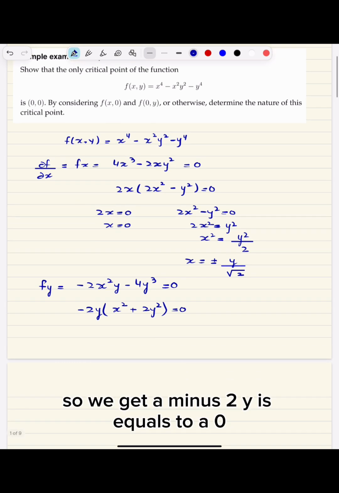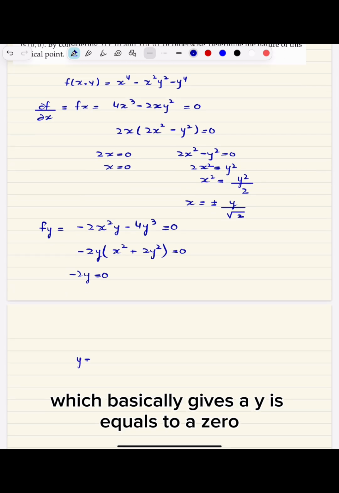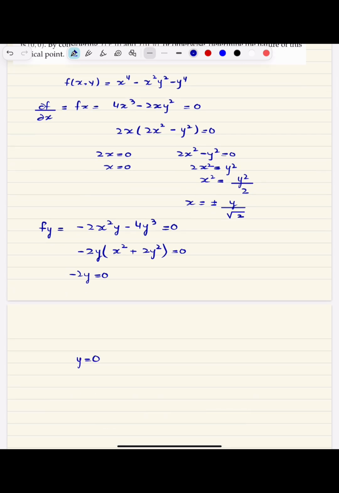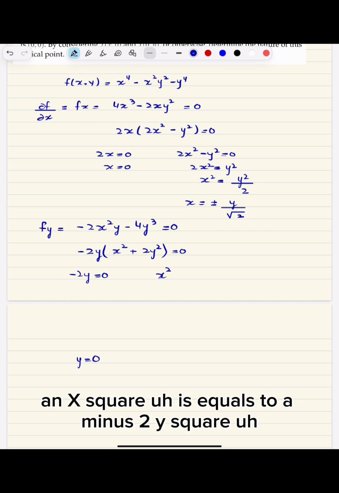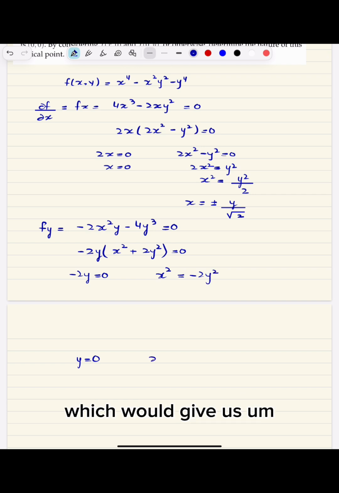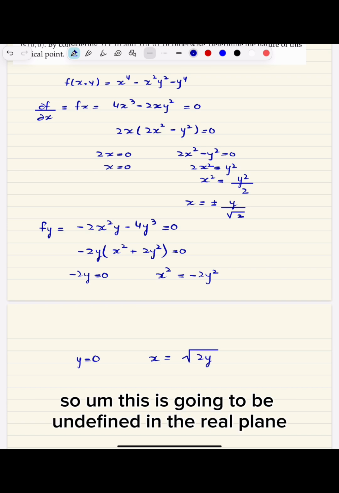So we get minus 2y equal to 0, which basically gives y equal to 0. And over here we get minus x squared equal to 2y squared, which would give us a complex number, which is not allowed. So this is going to be undefined in the real plane.